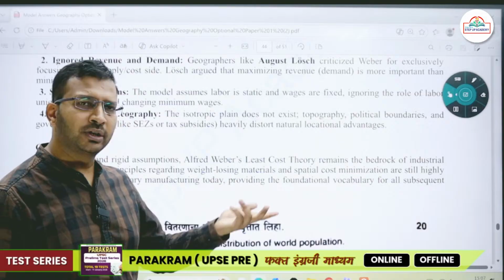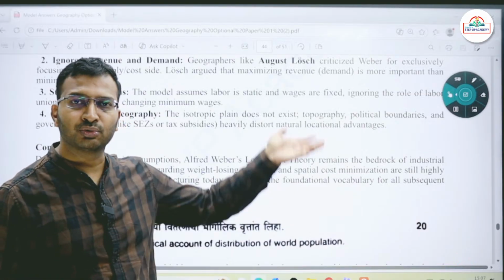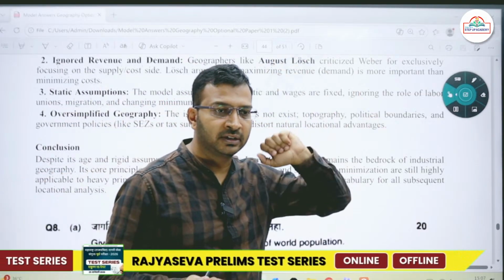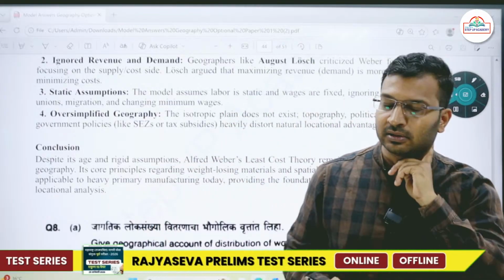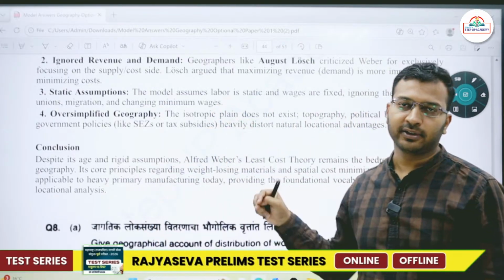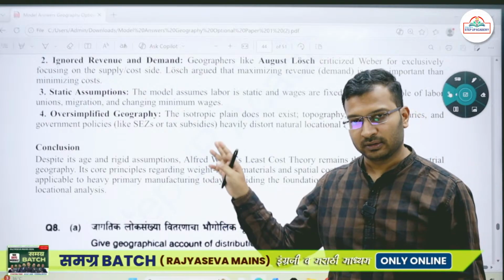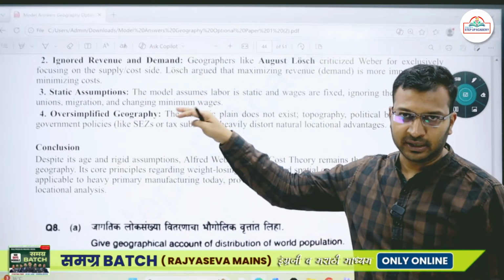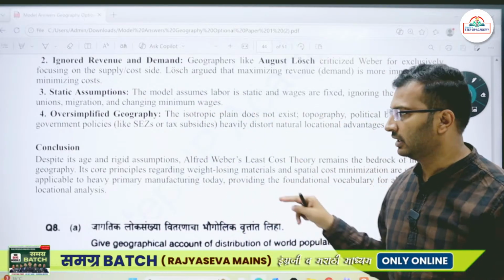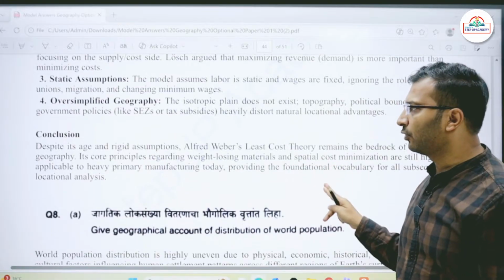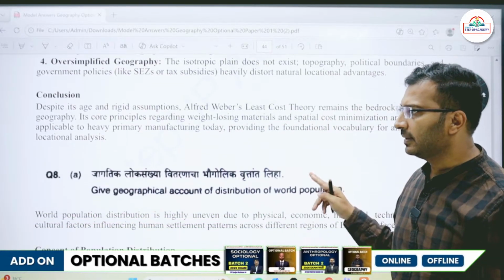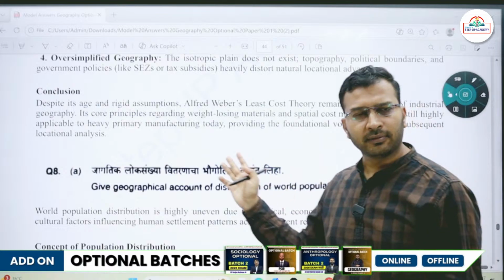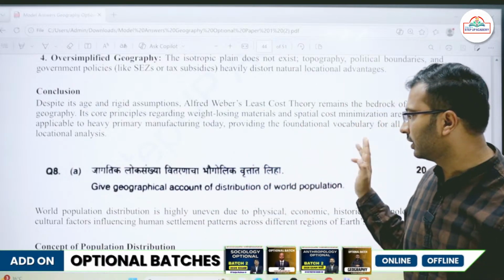Only two resources are required, so you can immediately utilize the concepts talked about by Alfred Weber. So no doubt, despite being old and despite its criticism, his theory is still relevant mostly for some of the resources.